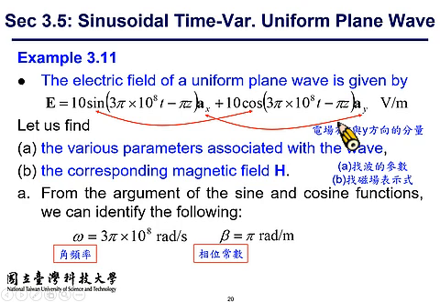And according to the phase constant beta, the wavelength lambda can be found as 2 pi over beta. So it can be found as 2 meters.